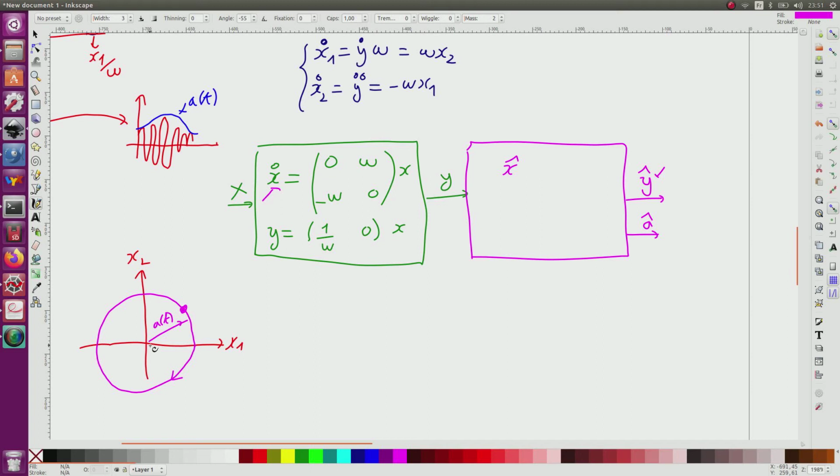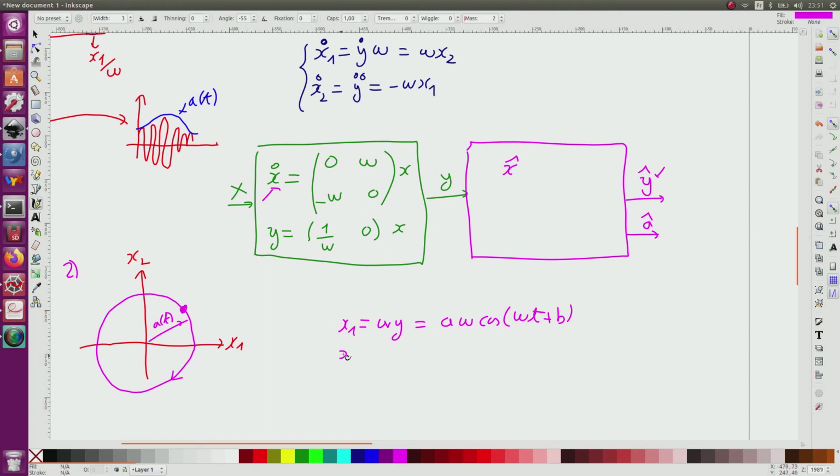Okay. So, second question. x1, I know it is equal to omega y, which is equal to a omega cos of omega t plus b.